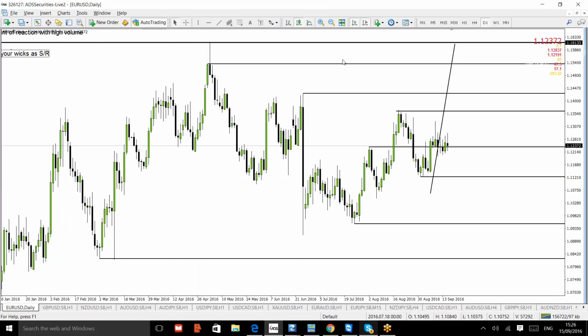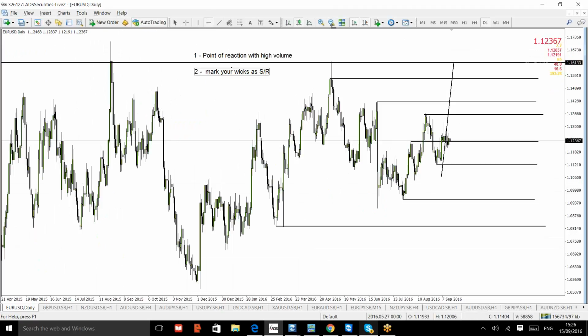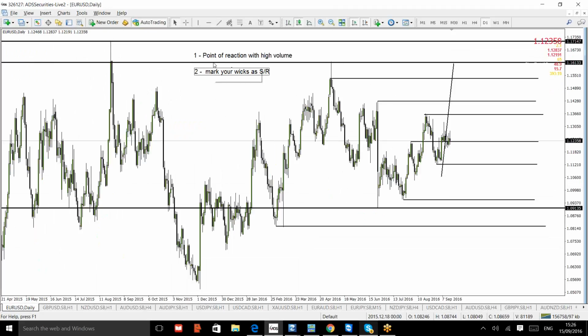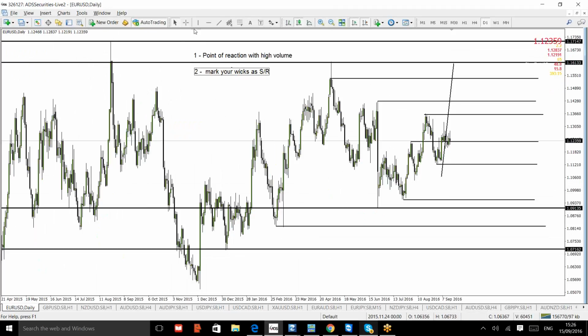So what I do is I mark my wicks. Pretty simple. Daily time frame first. I mark them with a different color, so I know exactly these marks are wick marks. So you can see the difference now, guys. Remember, if your support and resistance levels are not exactly accurate, it doesn't matter, because there is always a discrepancy of like 5, 10, 15 pips.